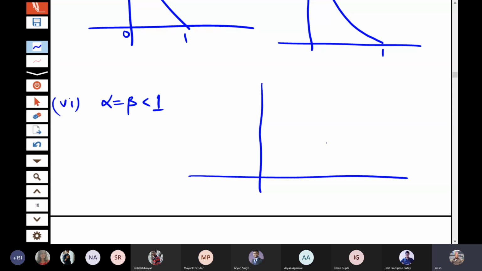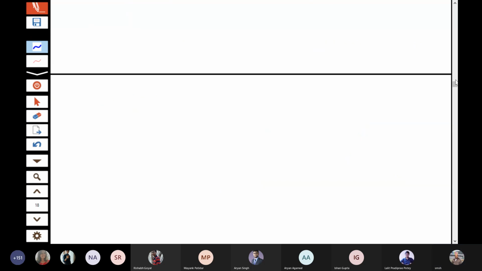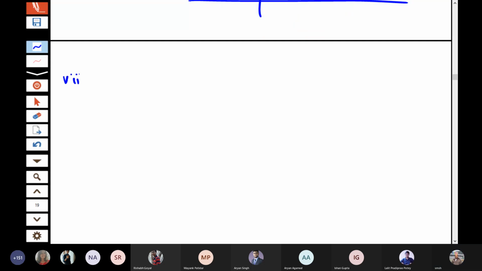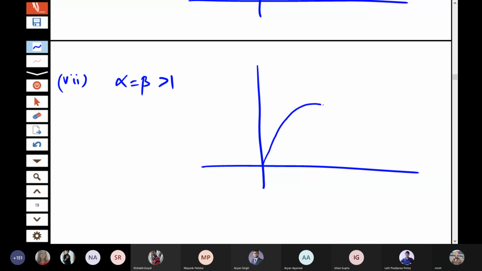Then the shape will be something like this. Okay. If I take alpha greater than 1, then the shape will become something like this. Okay. So you can have various shapes.